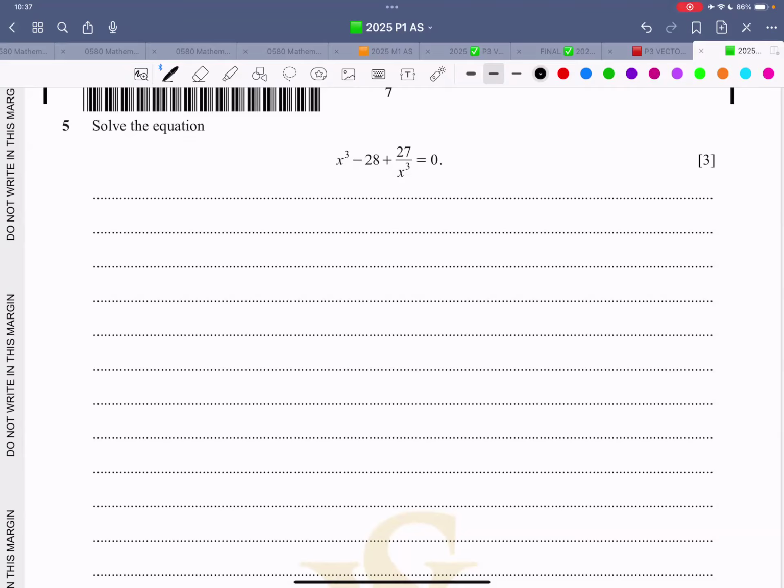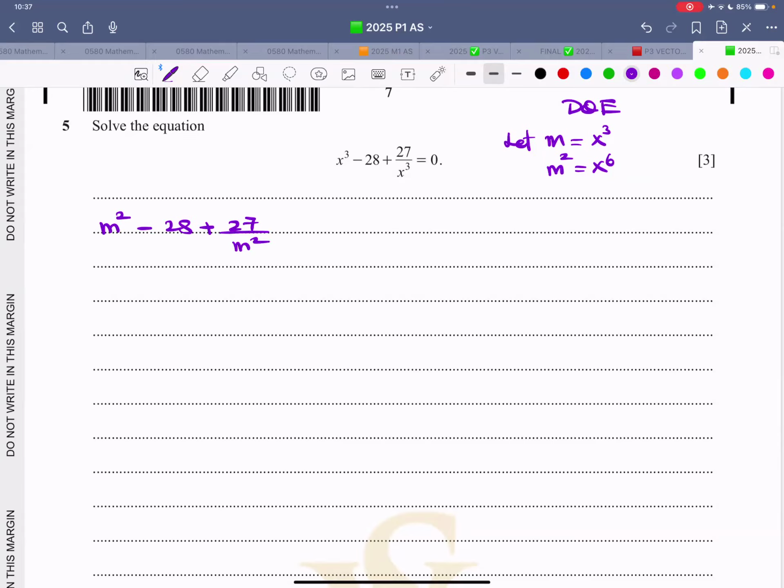So now solve the equation. This looks like a disguised quadratic equation, and it will become x power 6. So let me write over here, let m equal x cube. Therefore, m square is x power 6. So now I'll write m square minus 28 plus 27 over m.